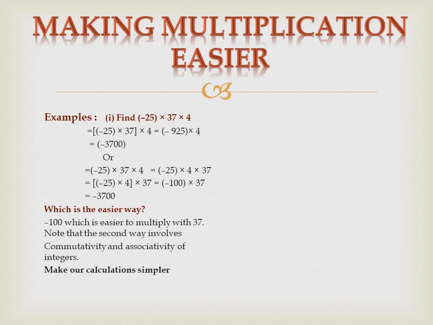Second question, 16 into negative 12. 16 into negative 12 can be written as 16 into negative 10 plus negative 2. Since negative 12 is very near to 10, therefore negative 12 can be split as negative 10 plus negative 2.